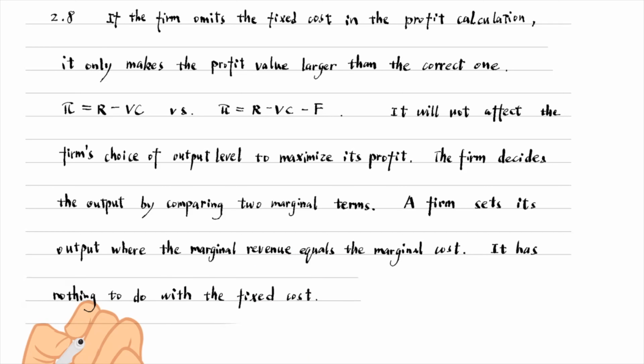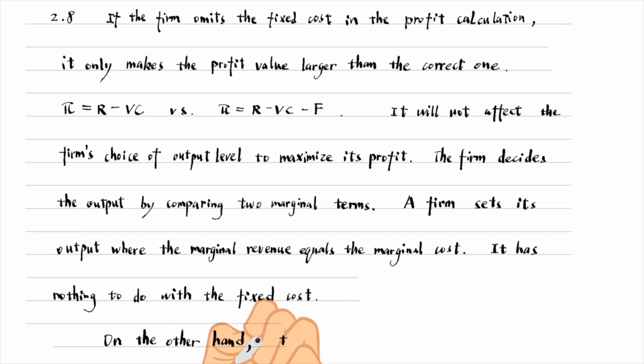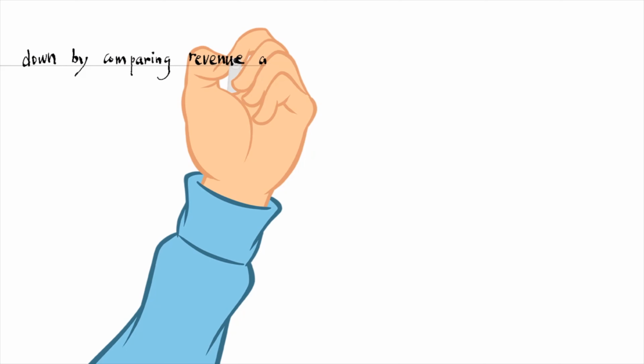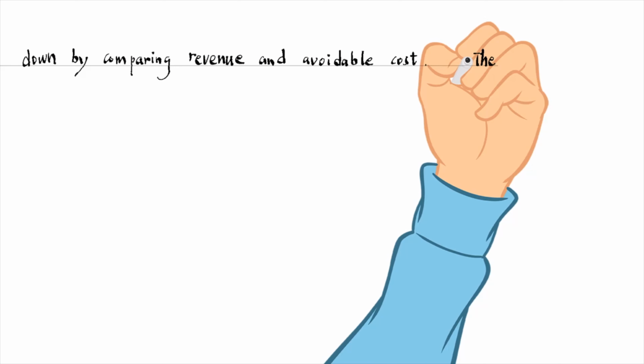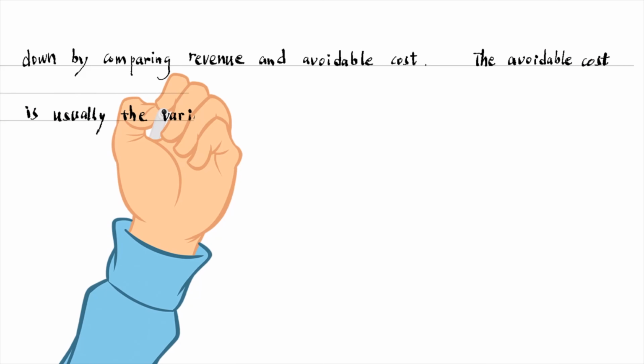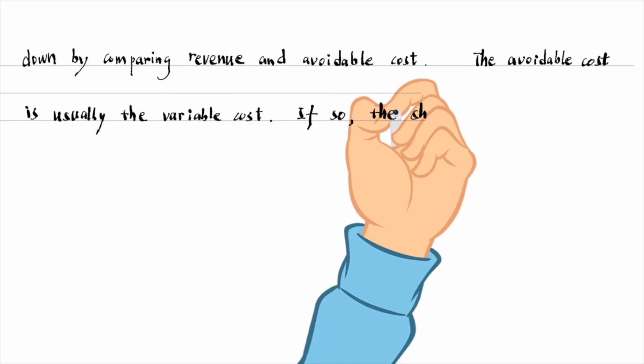On the other hand, the firm decides whether to shut down by comparing the revenue and the avoidable cost. The avoidable cost is usually the variable cost. If so, the shutdown decision has nothing to do with the fixed cost.